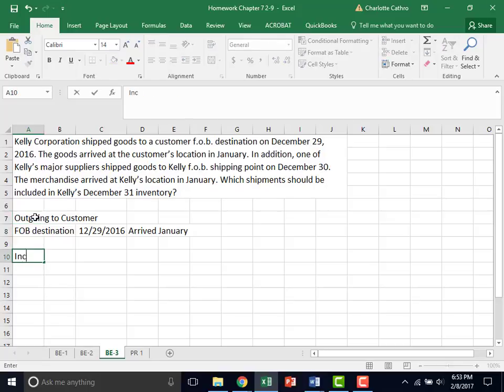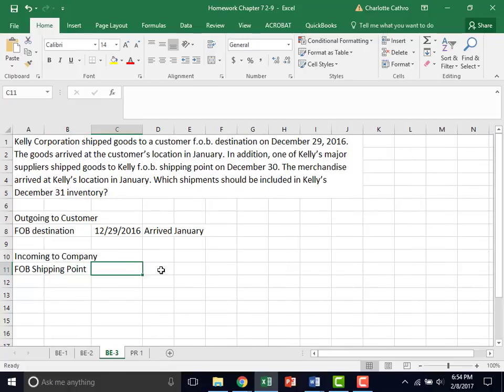And we also have some incoming to us, and that was shipped FOB shipping point. And they were shipped on December 30th. And they also arrived in January.